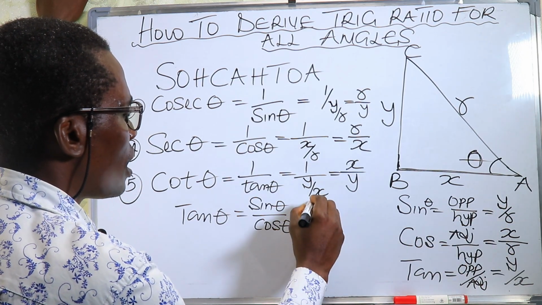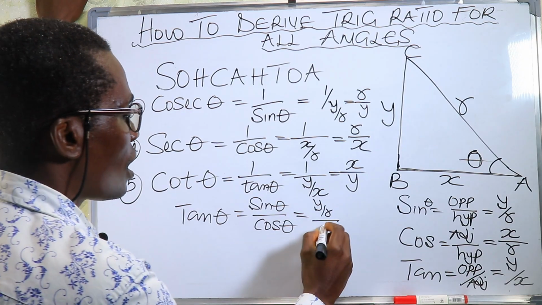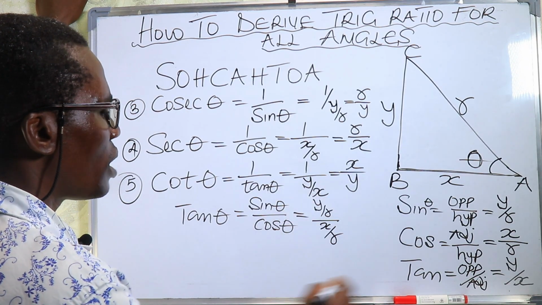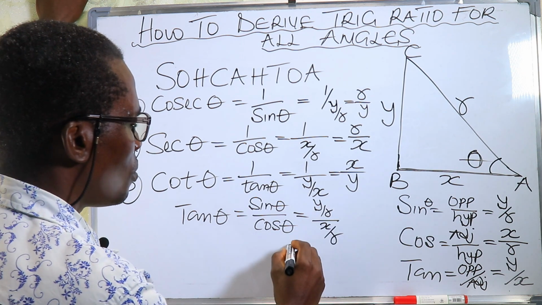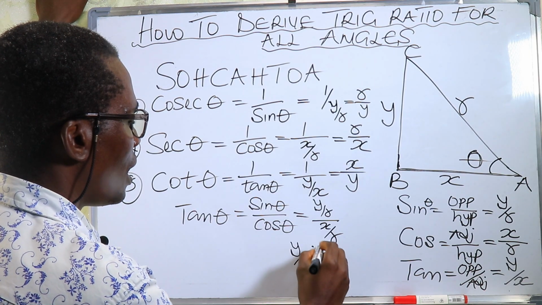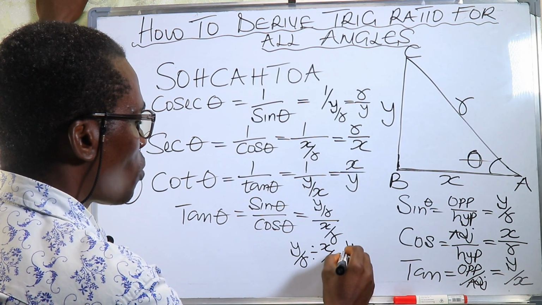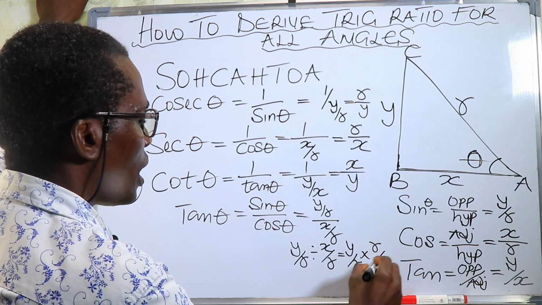So if we take this one, y all over r divided by cos theta, which is x all over r, we will get y all over x. It is possible. So this one will give us y all over r divided by x all over r. And if you multiply, you get y all over r times r all over x.